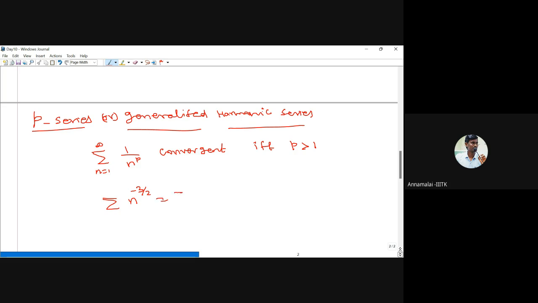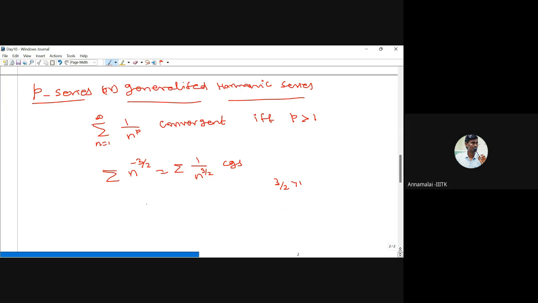This is nothing but summation 1 by n power 3 by 2. Since 3 by 2 is bigger than 1, it converges. p can be any real number, not necessarily an integer, but if it is greater than 1, then summation 1 by n power p converges. For example, n power minus 3 by 2 converges.